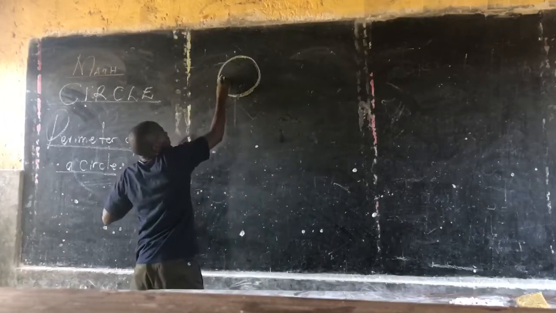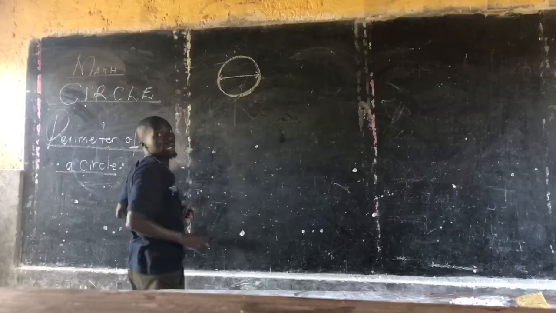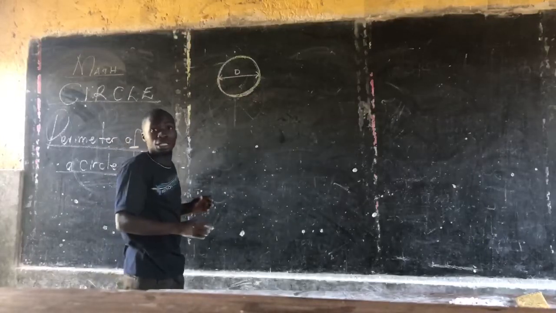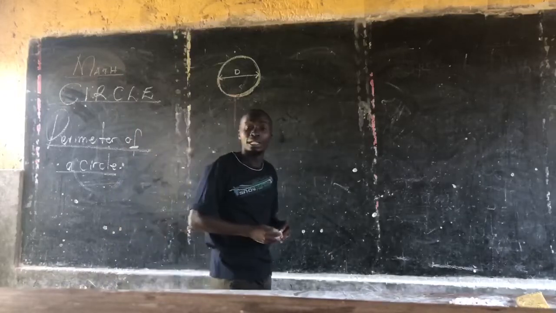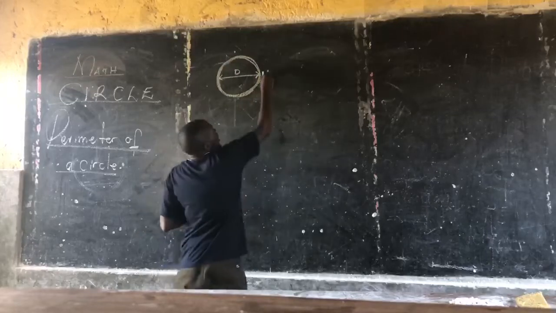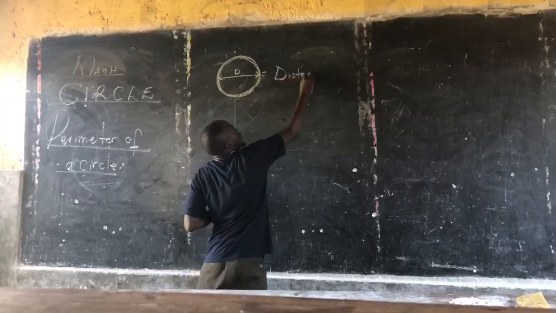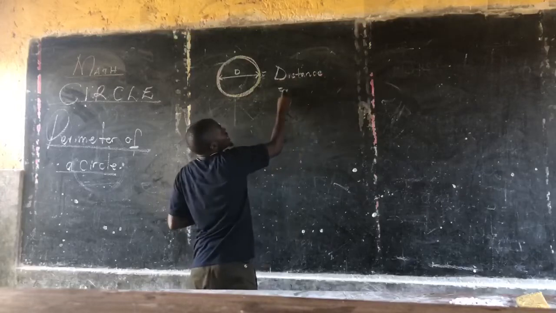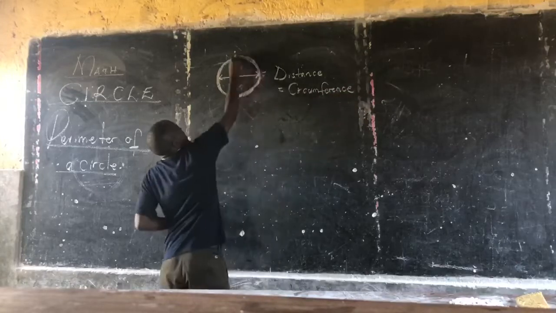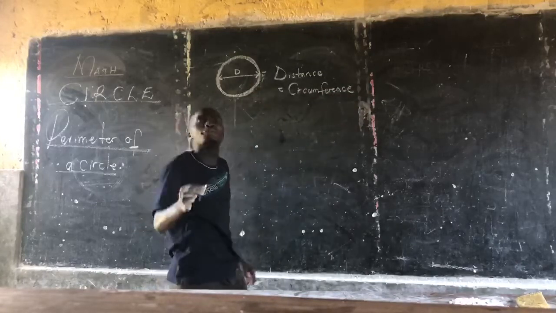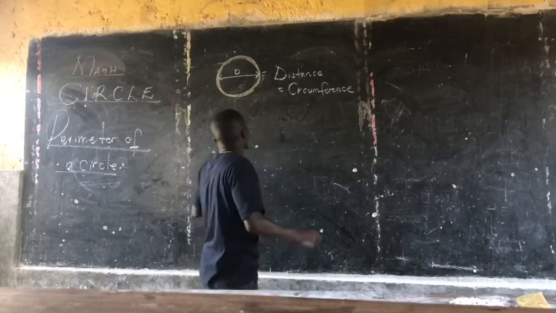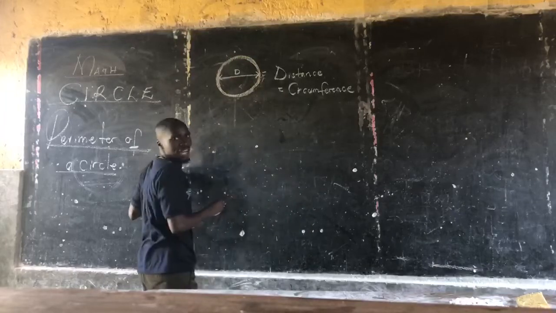So let's look at this. This is our diameter, d. We want the circumference, the distance around the circle. When I look at this distance, it's the diameter.